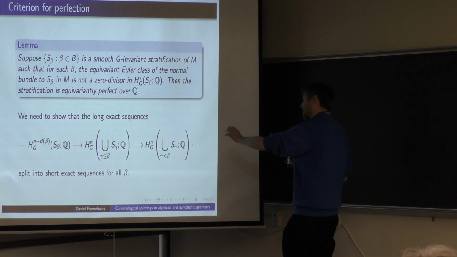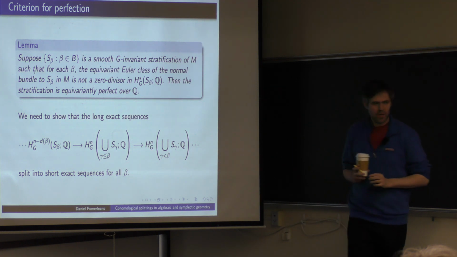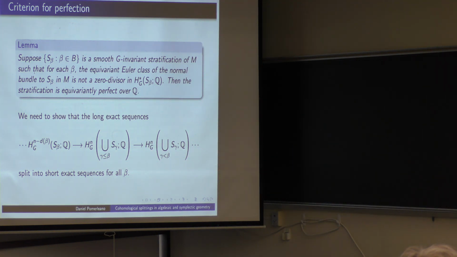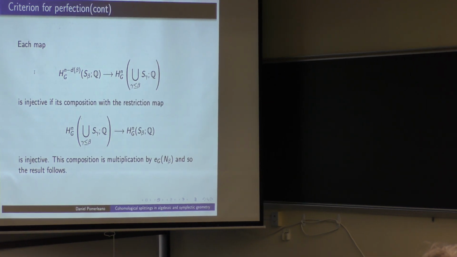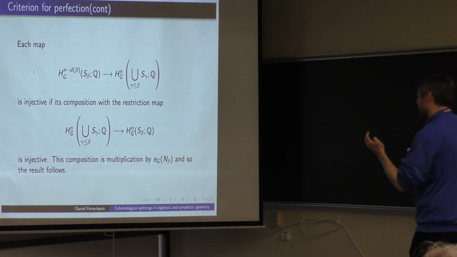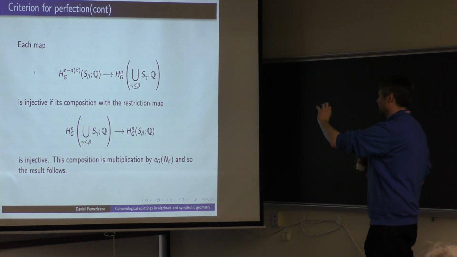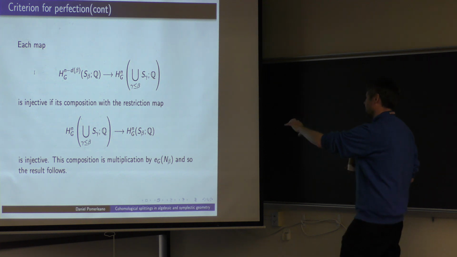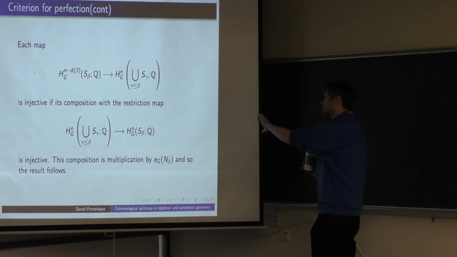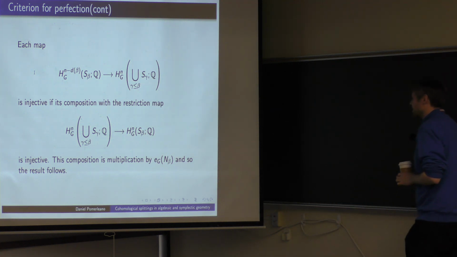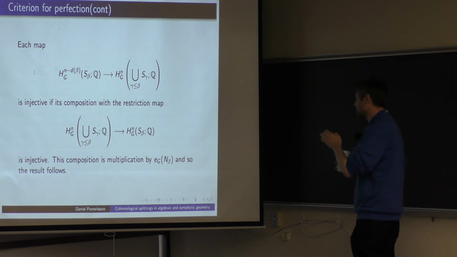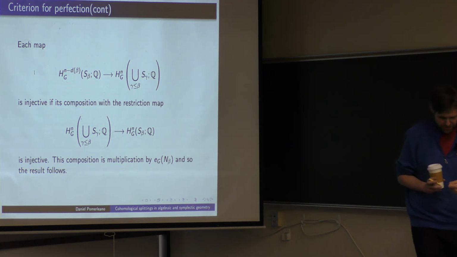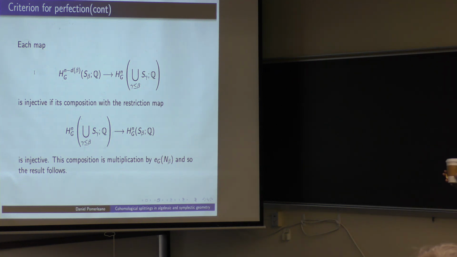So you're just adding on the cohomology of each stratum one at a time. If you want to show this is injective, you compose it with the restriction back to the stratum. So you have the Thom isomorphism and then restricting back to the stratum, and that composition is going to be multiplication by your equivariant Euler class.